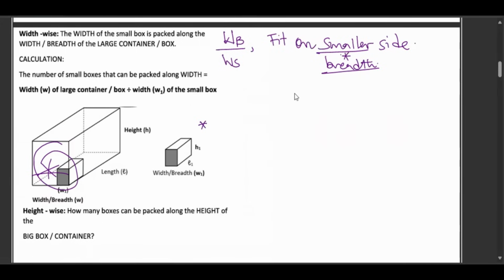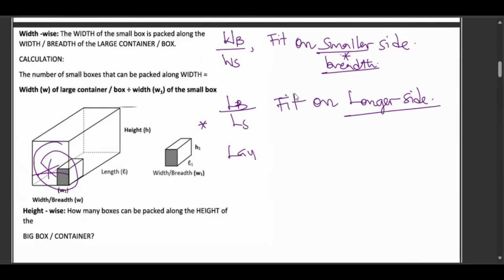Then lengthwise, we are looking for how many feet on the longer side. That's what you're looking at. Then if we look at layers, how many layers shall we have? How many will be packed on top of each other? That means we shall take the height of the bigger box divided by the height of the smaller box.